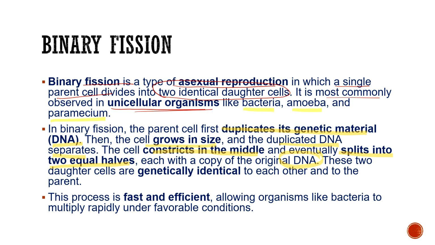So one copy of the original DNA and one copy of the newly formed DNA go to each cell, and these two daughter cells are genetically identical to each other and to the parent as well. Is it clear? So this is how, in binary fission, the parent duplicates its genetic material for the daughter cells. They grow in size, then the genetic material is divided. One copy of the original DNA will also be there in the daughter cell.